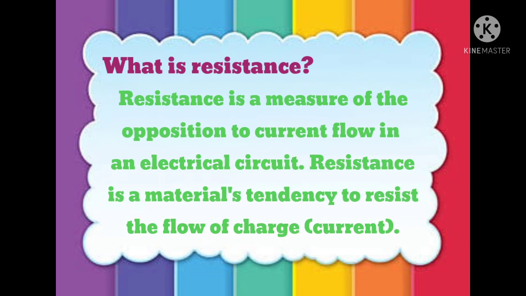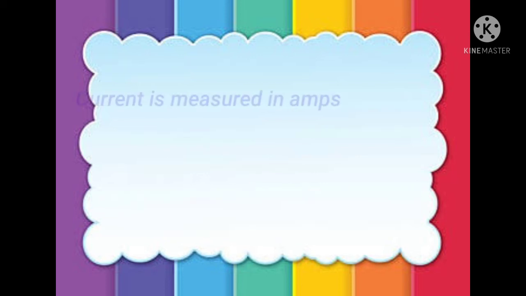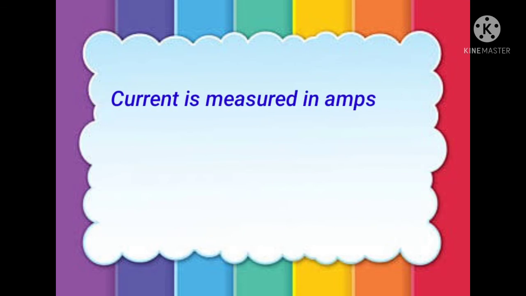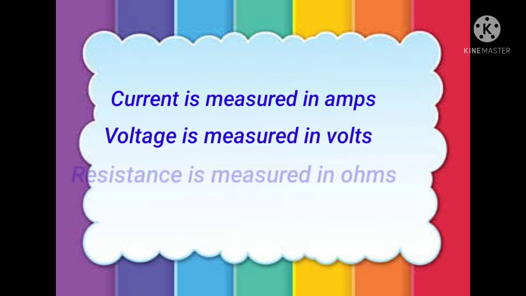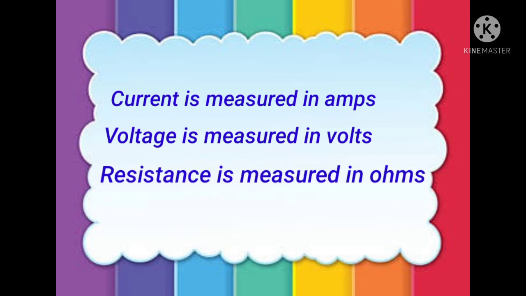Resistance is a measure of the opposition to current flow in an electrical circuit. Resistance is a material's tendency to resist the flow of charge or the current. Current is measured in amps, voltage is measured in volts, and resistance is measured in ohms.